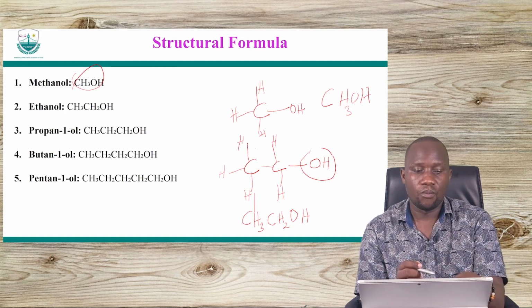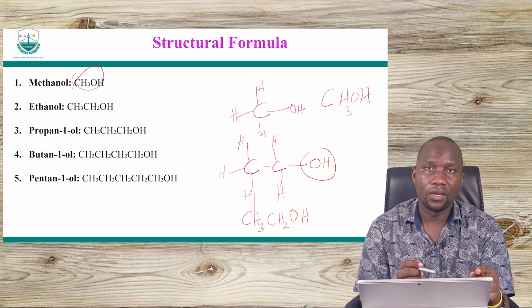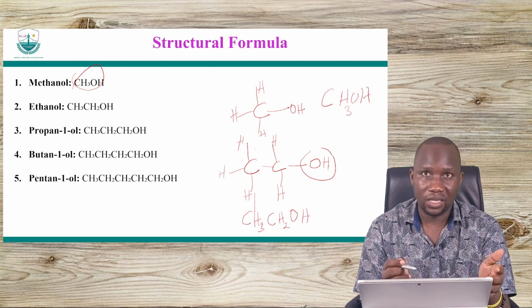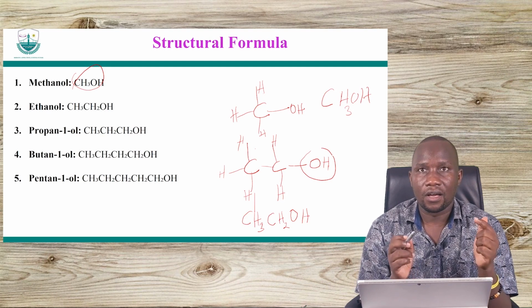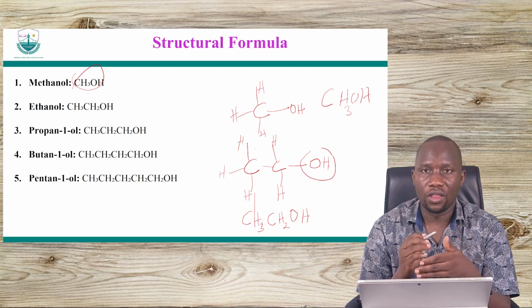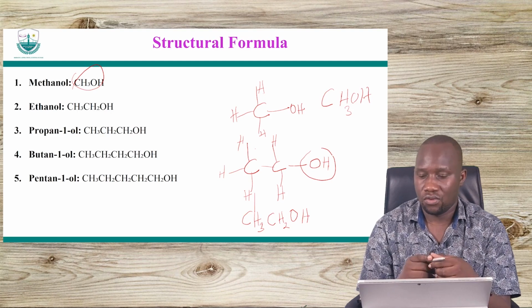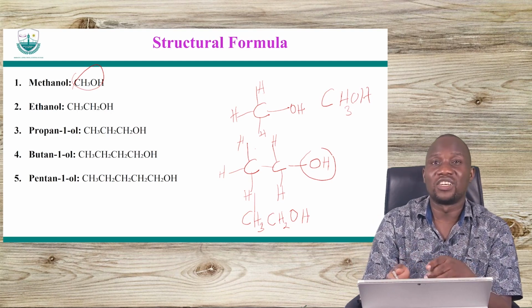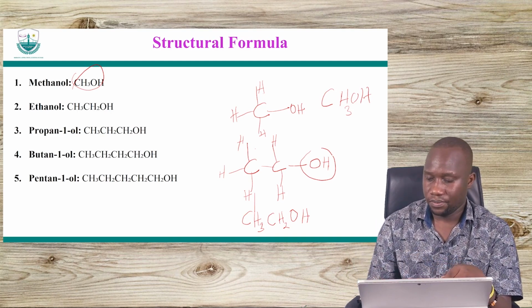So here, propan-1-ol, which is basically propanol, means that you have the OH group on the first carbon atom, but you can also have it on the second.